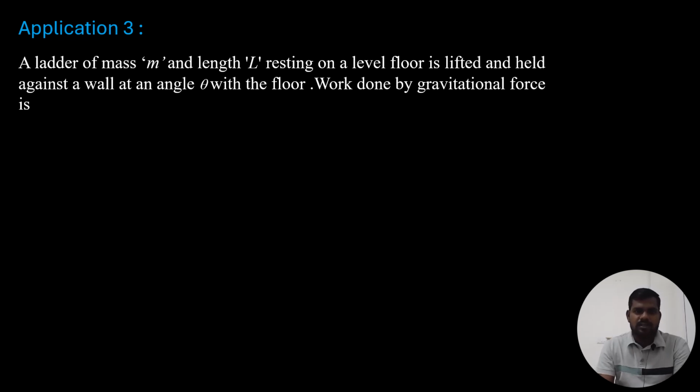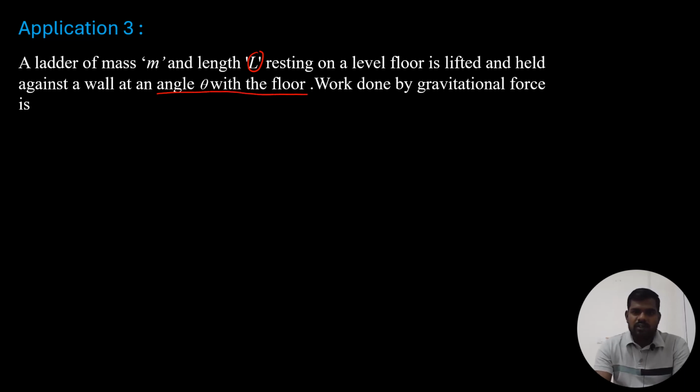Hi students, this is the third application. See the application given here. A ladder of mass m and length capital L, resting on a level floor, is lifted and held against a wall at an angle theta with the floor.